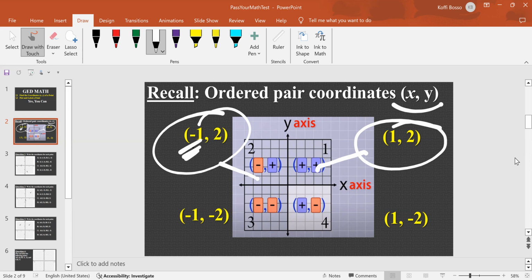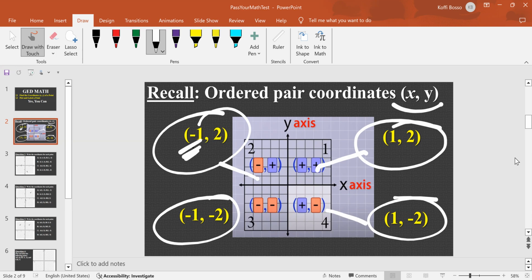That's why we have a minus and a plus. In quadrant 3, both x and y are negative. In quadrant 4, the x is positive, but the y is negative. So again, it's very important to understand that the x value always comes before the y value.